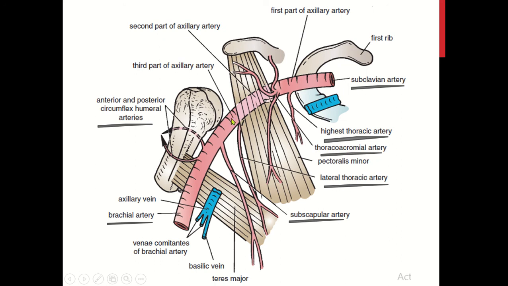And the third part of axillary artery, which is distal to the pectoralis minor muscle, gives anterior and posterior circumflex humeral arteries and a subscapular artery. And now the axillary artery here continues as a brachial artery.